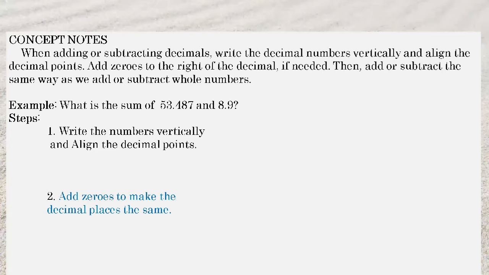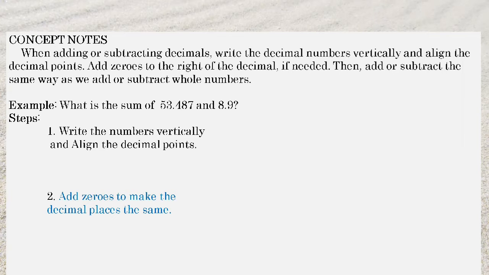Okay, so now let's start our examples in adding and subtracting decimals. For example number 1, what is the sum of 53.487 and 8.9? The first one, ang sabi dito, dapat isulat natin siya vertically and align the decimal point.